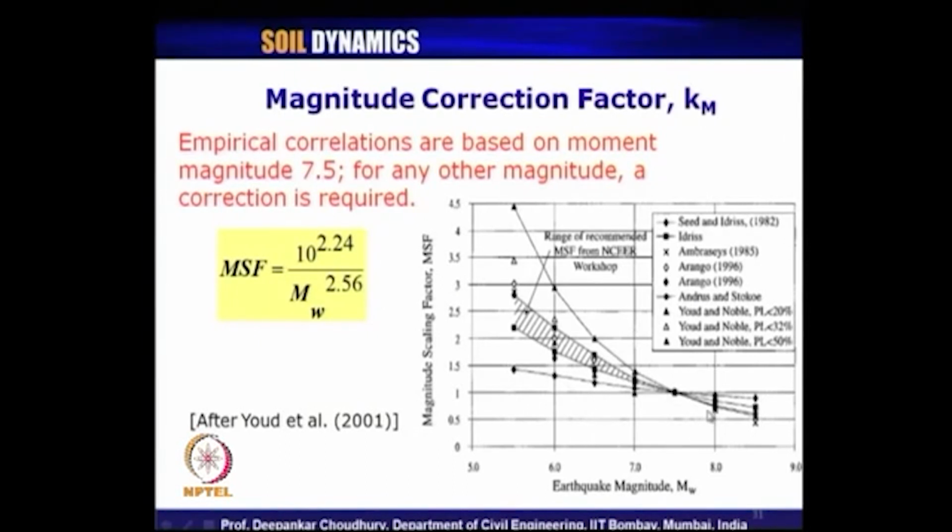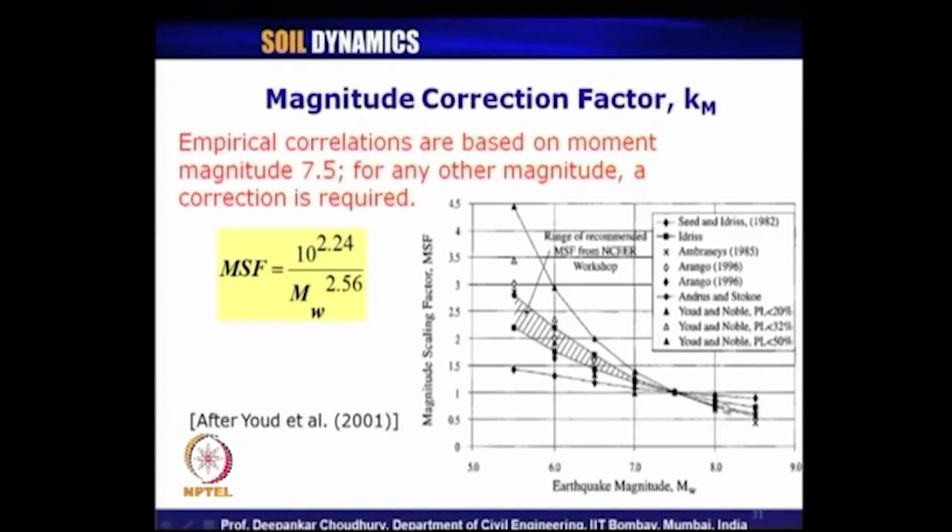The first one is magnitude correction factor K suffix m. This is the picture given in Youd et al 2001 after assembling various researchers' results. You can see here Seed and Idriss result of 1982, Idriss result, Ambraseys result, Arango's result, Andrus and Stokoe result, Youd and Noble's result for different PL values.